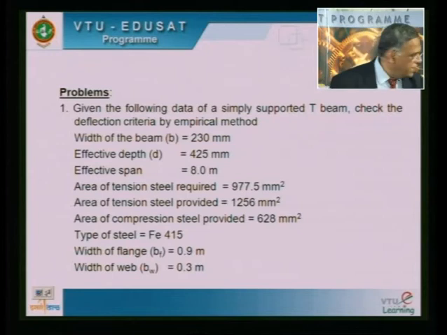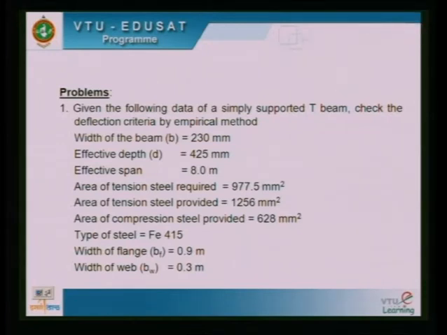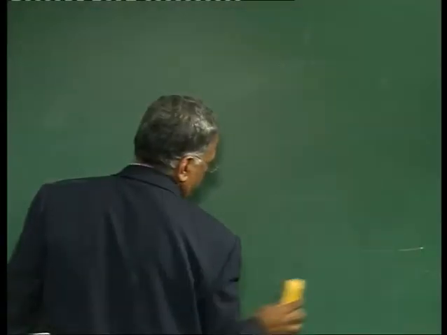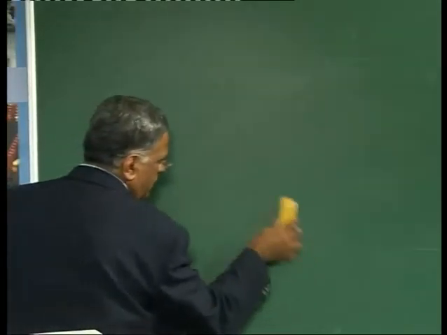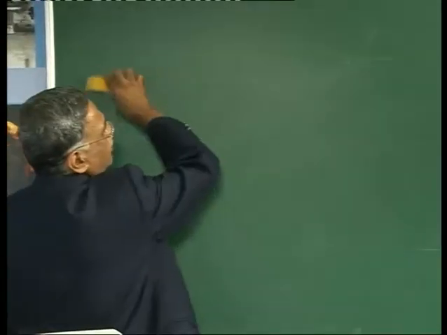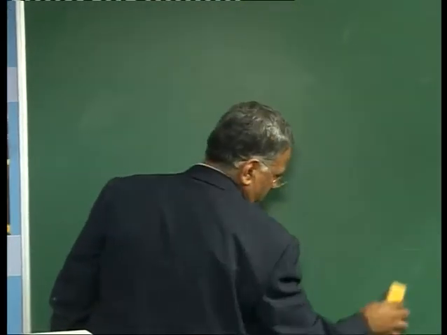So I am going to write down all this, whatever data given here, and further we have to check the deflection based on the empirical method. A very simple problem. One can expect this problem in the examination. A typical question paper consists of this problem, but this is of 10 marks.